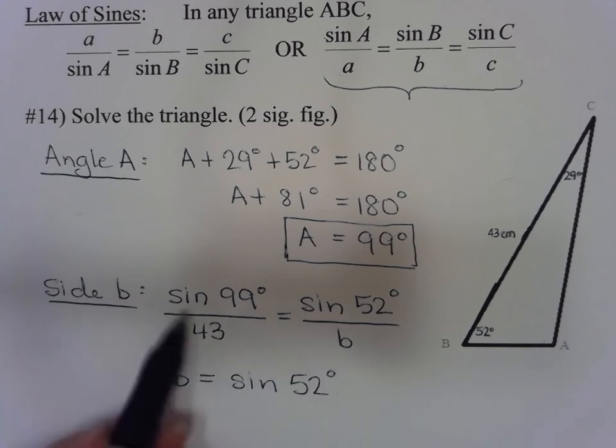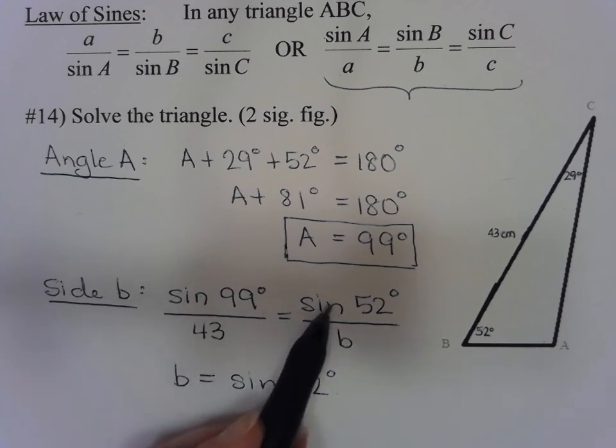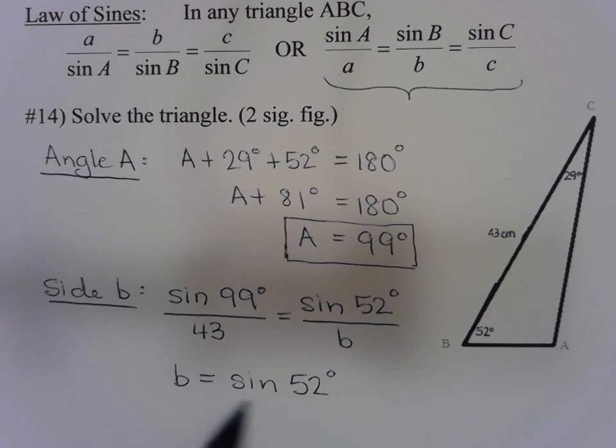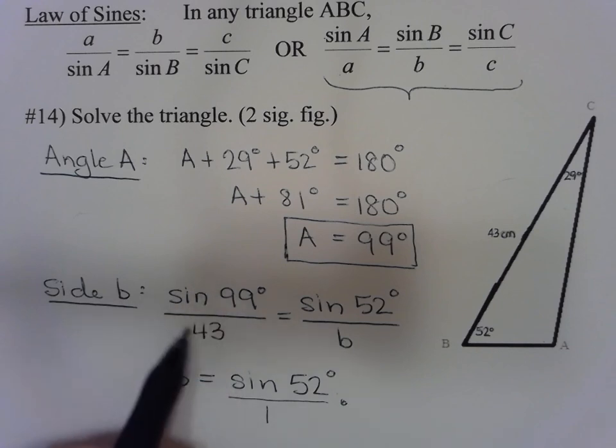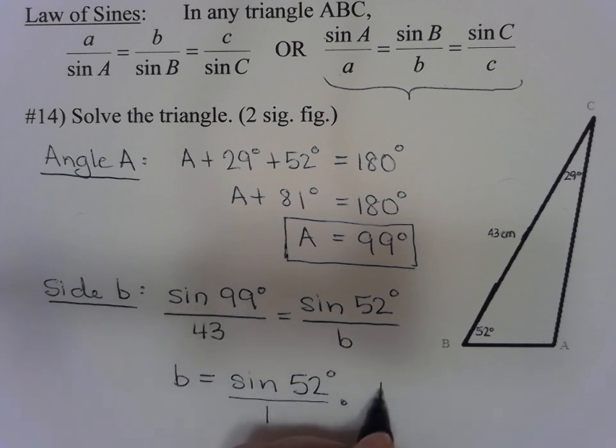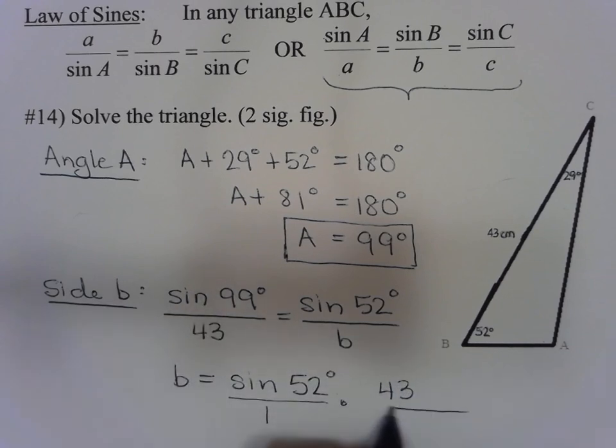So once I multiply by b on this side, I don't have anything underneath, or you could put it over 1 if you like. Then I'm basically going to multiply by the reciprocal of this. So the 43 is going to be on top now, and the sine of 99 is going to be on the bottom. I'm going to put that into my calculator.